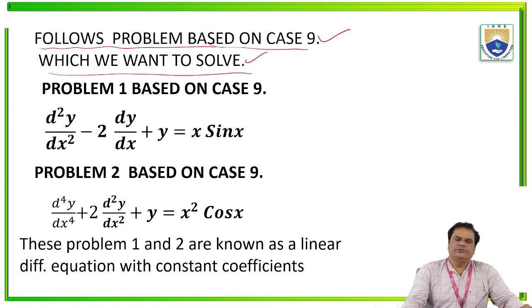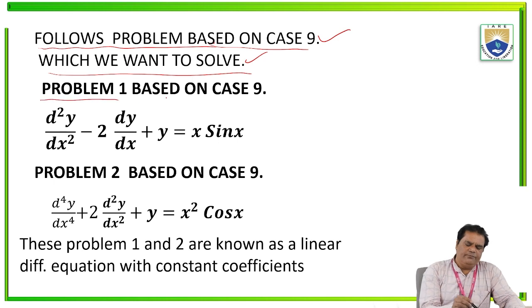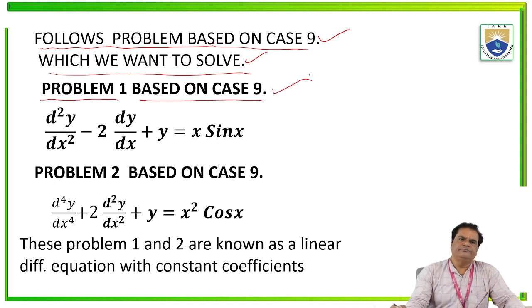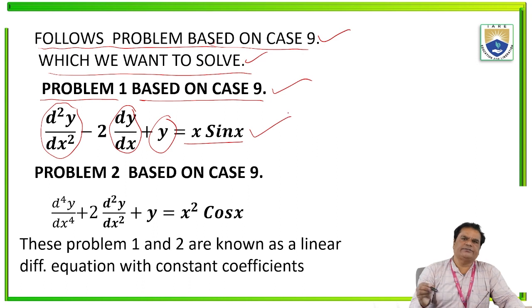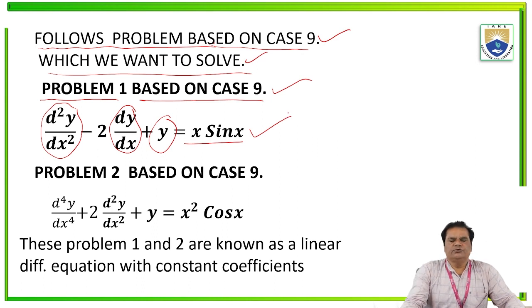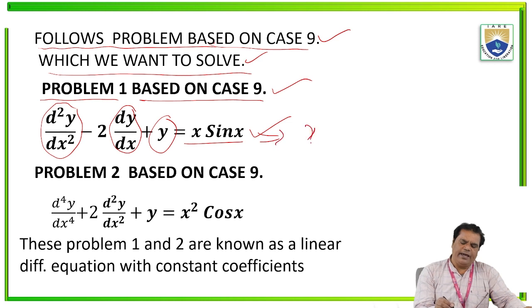These problems depend on case 9. So now problem 1 based on case 9. This problem is d2y over dx2 minus 2 dy over dx plus y is equal to x sin x. This is the same type of function as x to the power n sin ax.